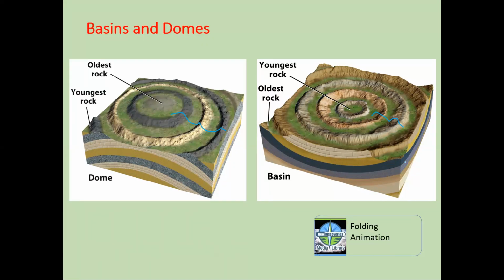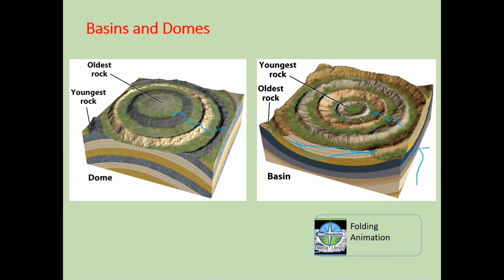The structure is different. If you look at the structure here, this is an anticline. This is a syncline. Well, if you have a handy-dandy geologic map with you and you look at the age of the rocks, what you will see is the youngest rocks are in the middle of a basin. That's where the younger rocks are. The older rocks are on the bottom. As we get higher up, the layers get younger.